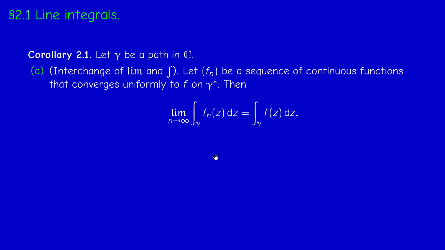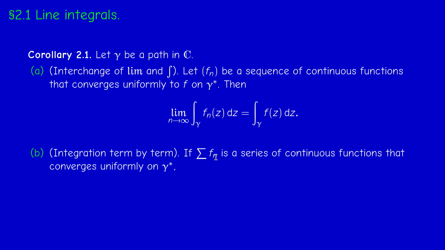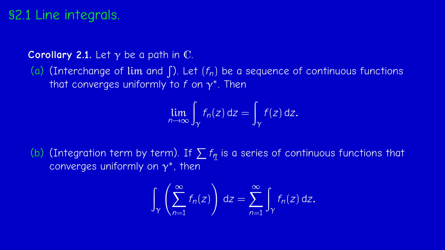We can interchange the two operations provided you have uniform convergence. And if you have a series that converges uniformly, then we can integrate term by term. So these are equivalent to the usual theorems of the Riemann integral.